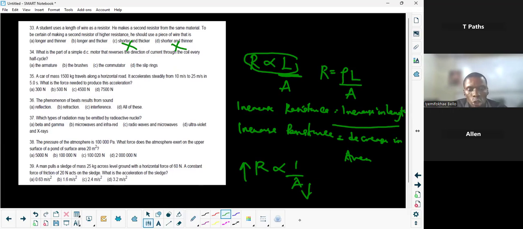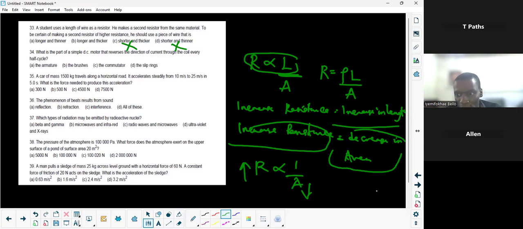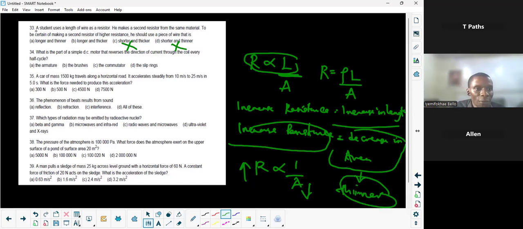So the thicker the material, the larger the area. But the thinner the material, the area will what? Reduce. It means that for you to get a very high resistance, you need a very low area. And for you to get a very low area, you need a thinner wire. So the correct answer for that is A. A longer material and a thinner wire, which means the cross-sectional area is low.